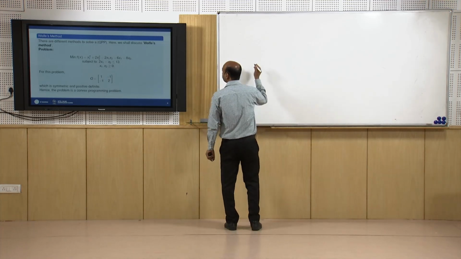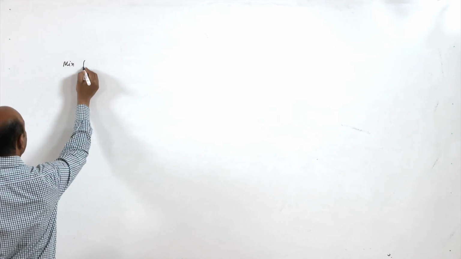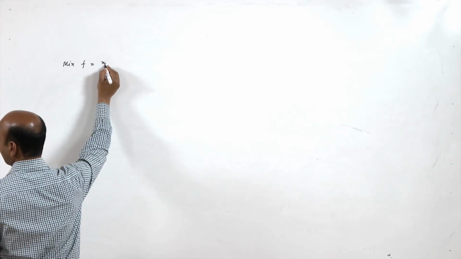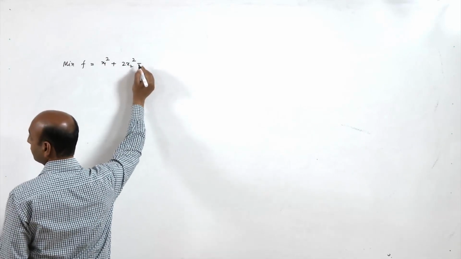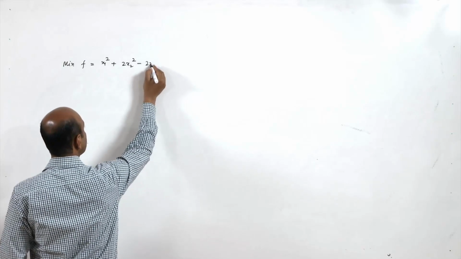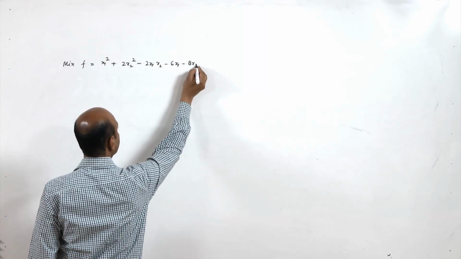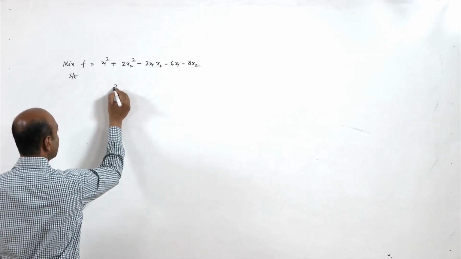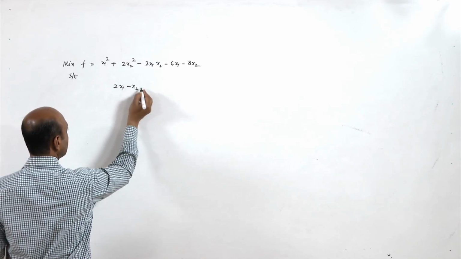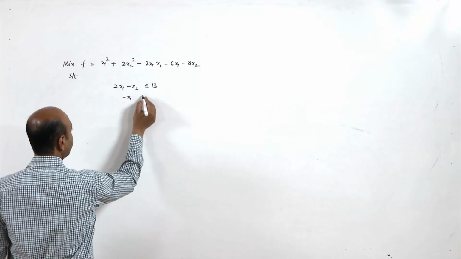Suppose we have this problem: minimize x1 squared plus 2x2 squared minus 2x1x2 minus 6x1 minus 8x2, subject to only one constraint, 2x1 minus x2 less than or equal to 13, and x1, x2 non-negative.